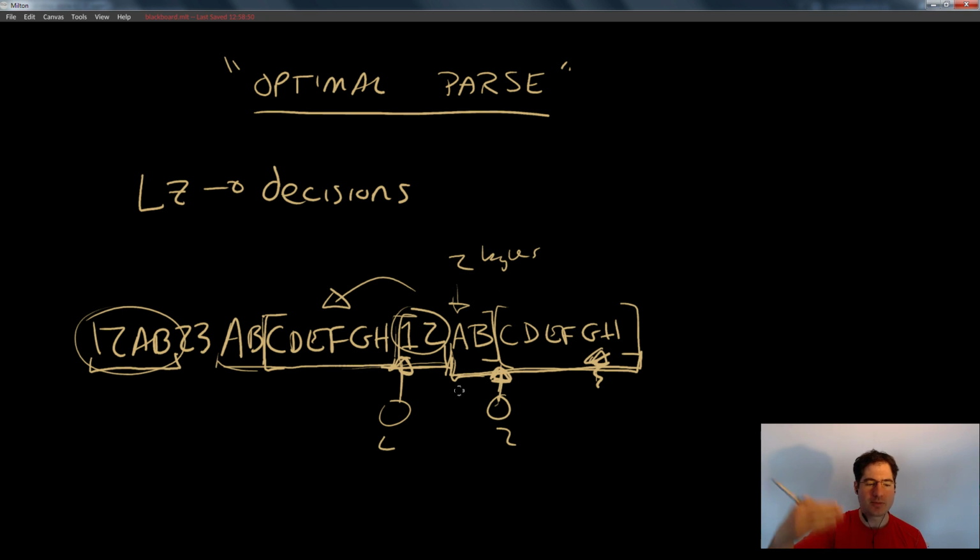So every time you make a decision, you're making a decision that affects all the future decisions that you're going to make, because you've changed where you're going to be making your decision points, right?